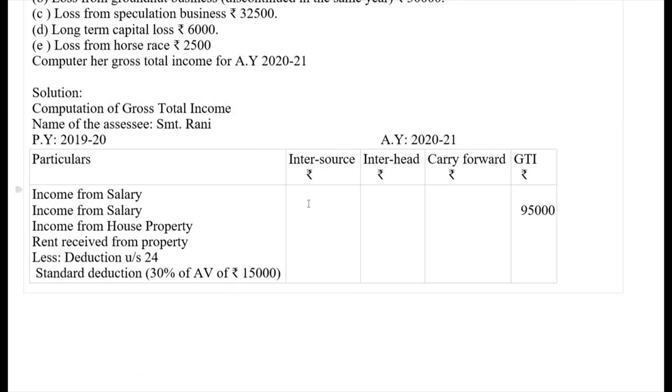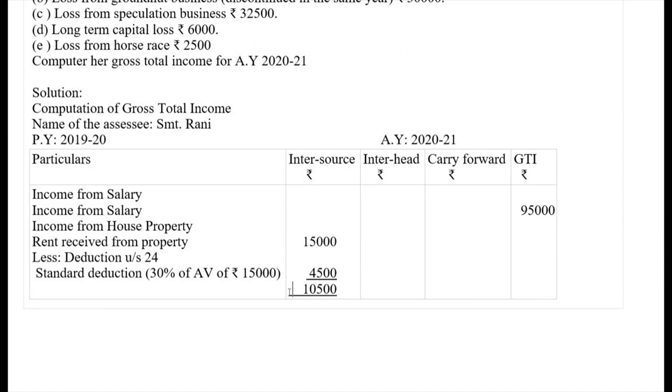So now let us calculate here. We have rent from property given as rupees 15,000. Then this 4,500 is subtracted. So let me underline here. And we have the difference of rupees 10,500.